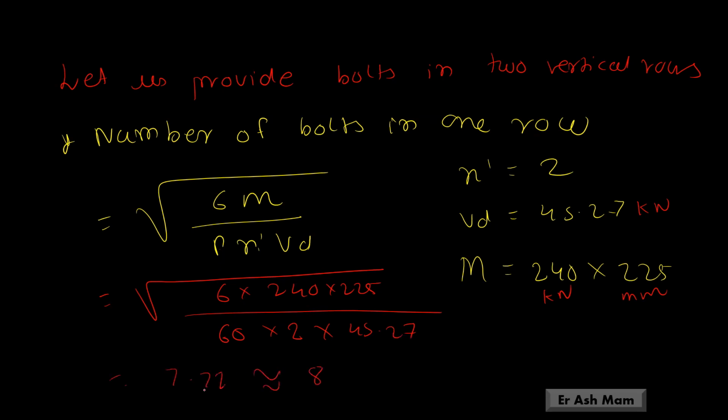So round up is 8 because we cannot provide numbers in points. Therefore, number of bolts in one row are 8. Therefore, number of bolts in two rows will be 8 into 2, 16.